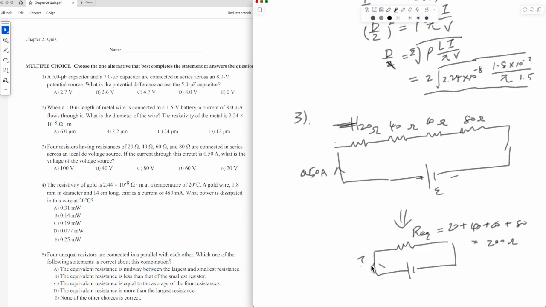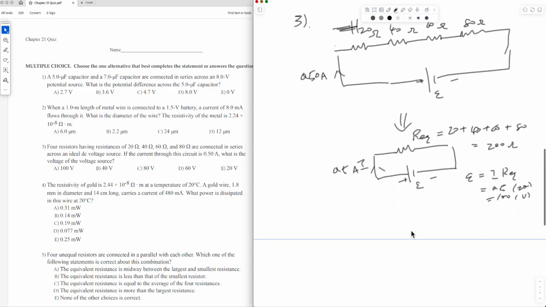And then the current here is 0.5 A, right? So what is EMF? You see this simple circuit, you know EMF equal to current times resistance, right? So it's 0.5 times 200, okay? 100 volts, all right?